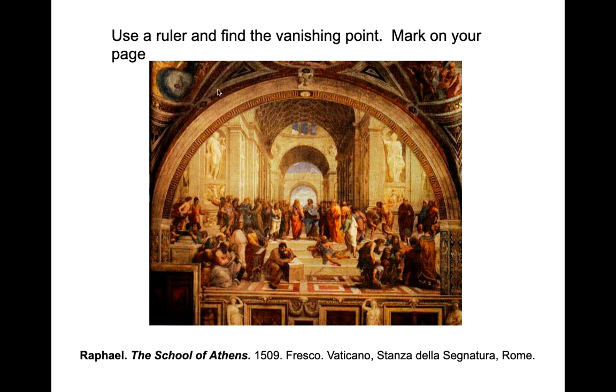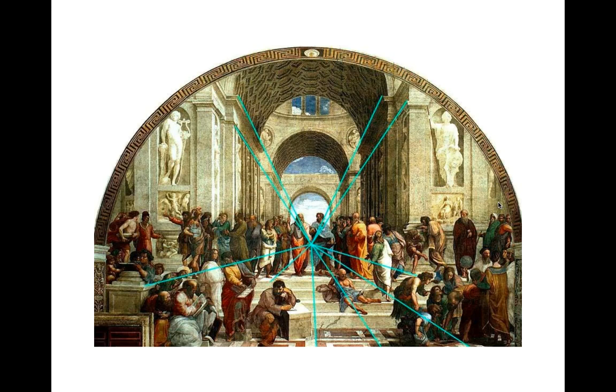If you look in the architecture, these slanted lines are your orthogonals, and they're even in the floor. They're pointing somewhere to an area back here between these guys' heads. Remember, the vanishing point's always on the horizon line, so our horizon line will go somewhere right along there. Maybe something like this.